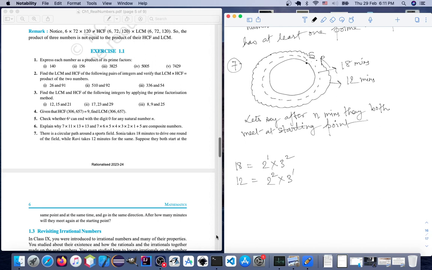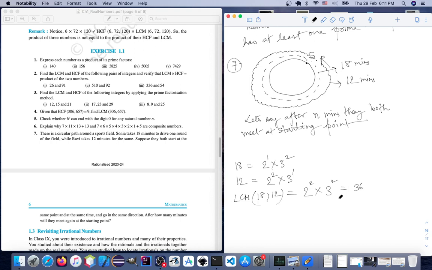So the LCM of 18 and 12 will be 2 square into 3 square, which is 4 into 9, 36. Now let's try to understand why the answer will be 36 minutes.